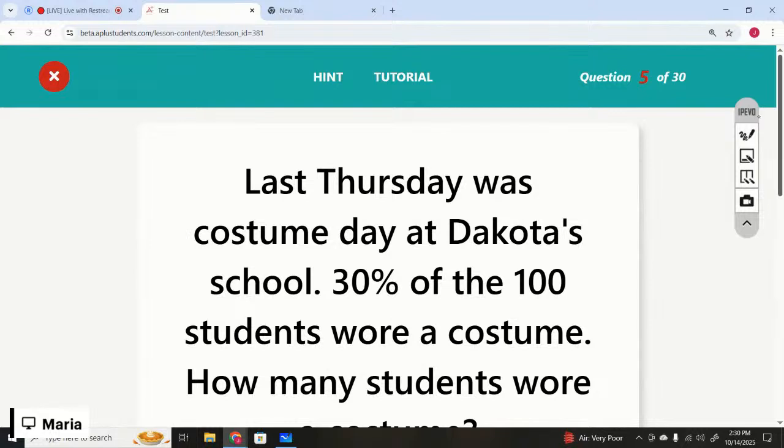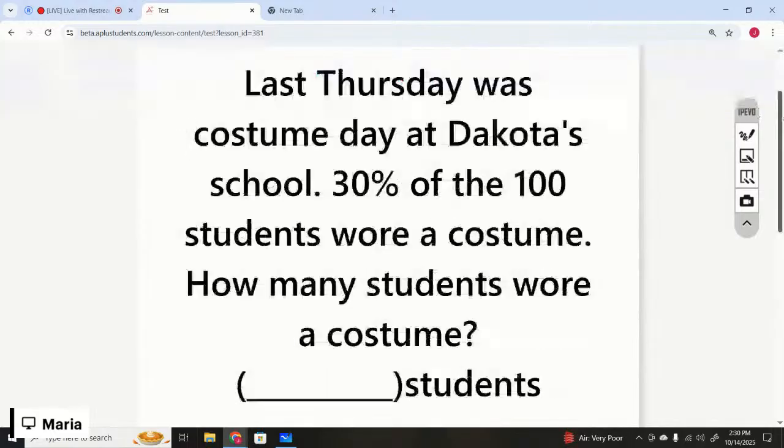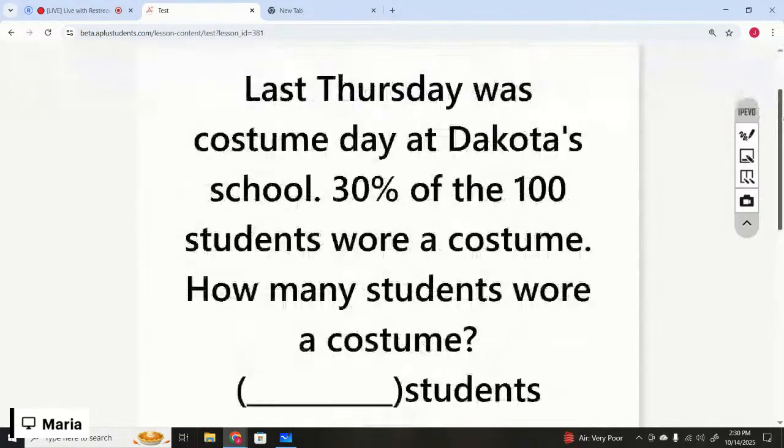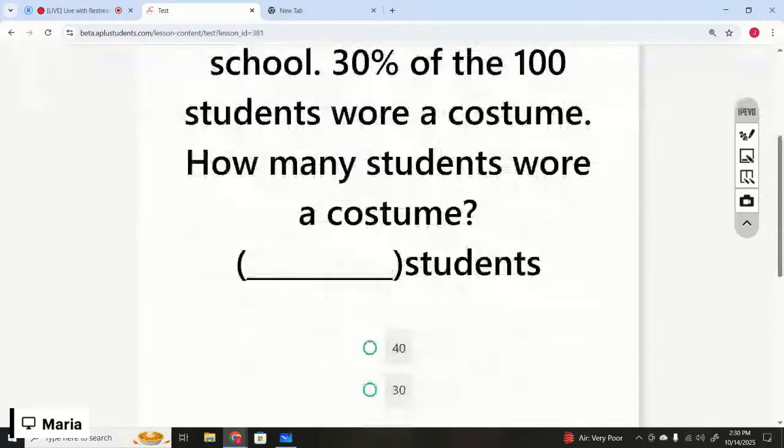Last Thursday was costume day at Dakota School. 30% of 100 students wore a costume.